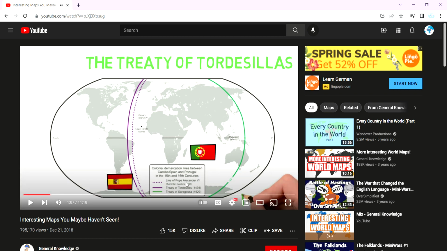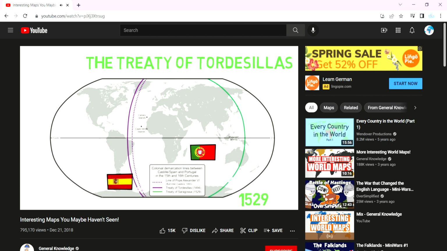Oh yeah, this one, the dotted purple, I think was the first treaty, and I think the pope favored the Kingdom of Castile more and gave them a better deal. And I think the second time, the Pope favored Portugal more, to allow the Spanish to colonize part of the East Indies as well.